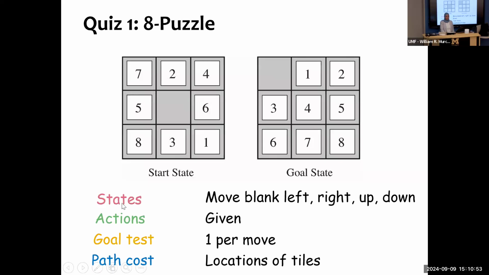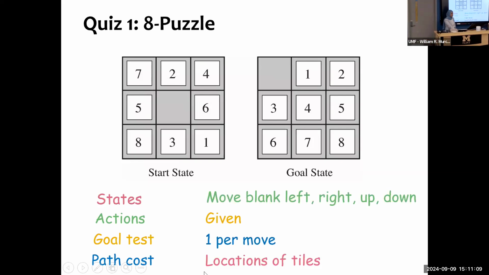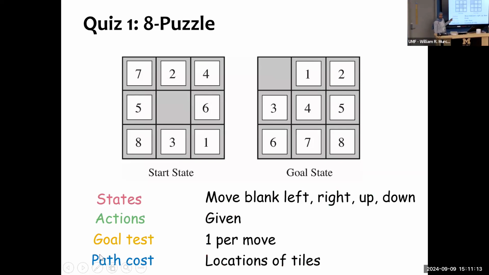What is a state? The location of the tiles. Yeah. So the given location of the tiles is a state. So this is a state which is called the start state, and this different location of the different tiles is a different state, which is the goal state. As simple as this. So what is the action? In general, even if you may see this in the exam, actions always start with a verb.